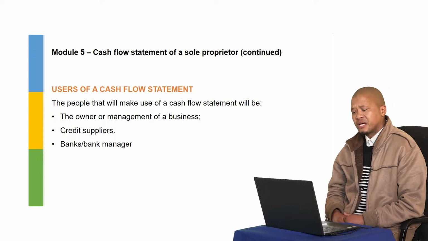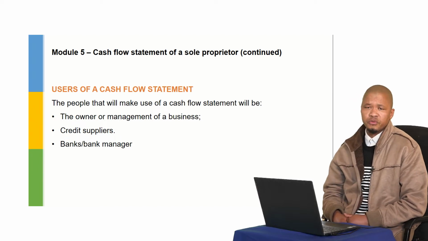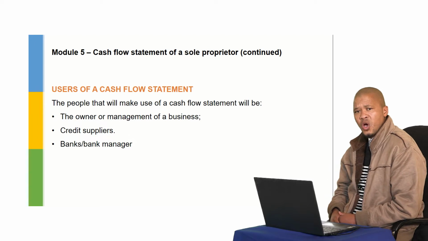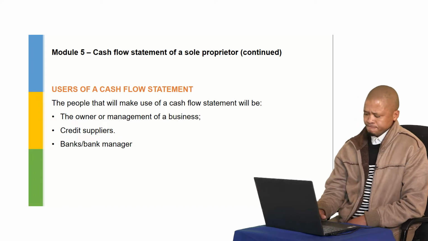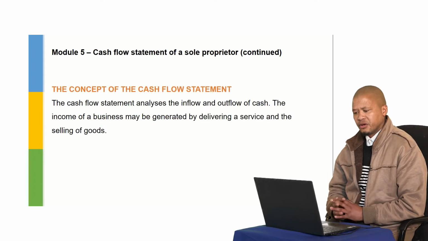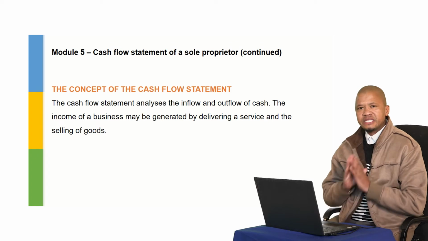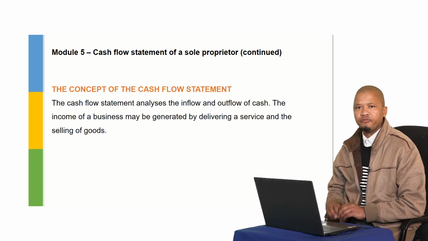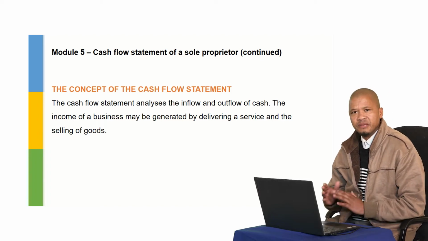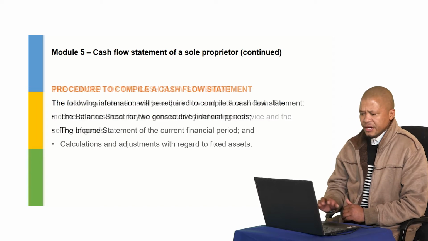Another party very interested in this report is your bank manager when you go to seek assistance in the form of a loan. Right. The cash flow statement is also different from the other financial reports because it tells you your movement of money, unlike the income statement and the balance sheet. Right.